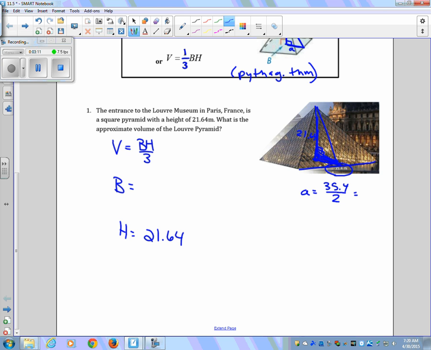So the apothem would be half of 35.4, which would be 17.7. Actually, we didn't need that. Sorry, back up. I was thinking we were finding surface area, in which case we would have needed that to find the slant height. We don't really need that because all we need is area of the base.